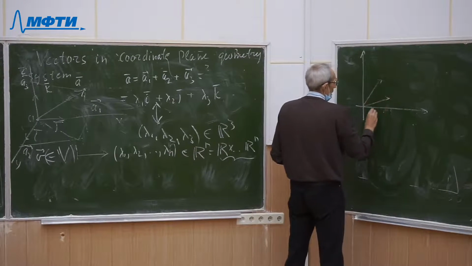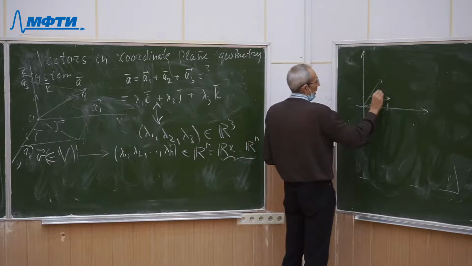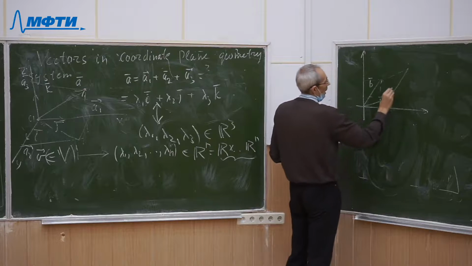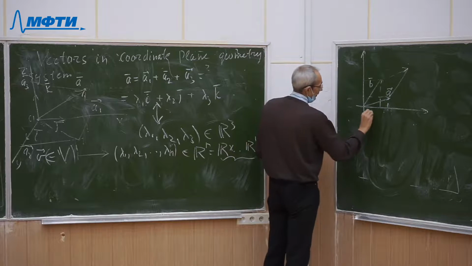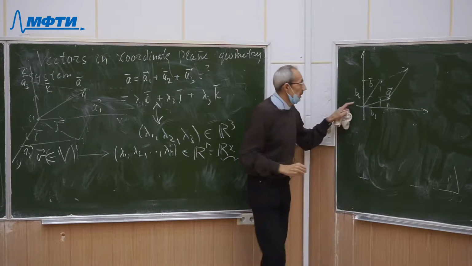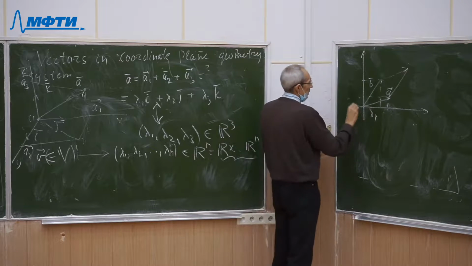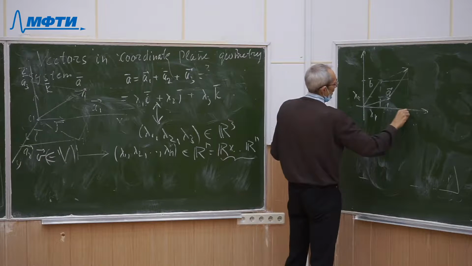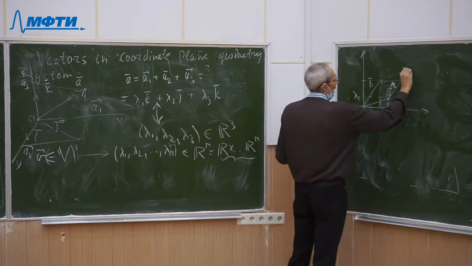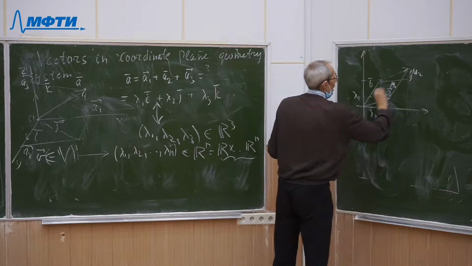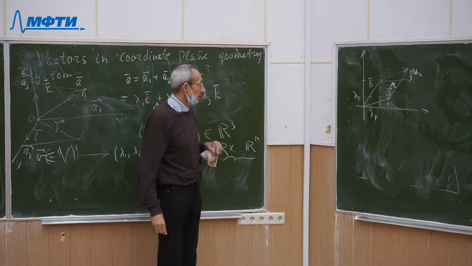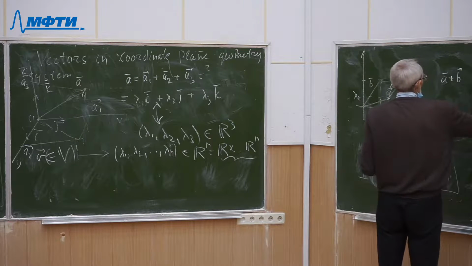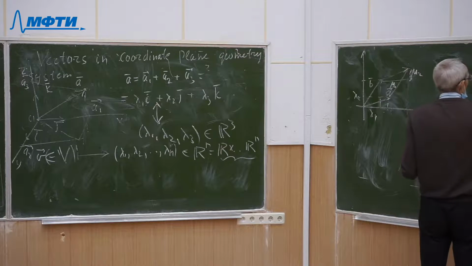We have two vectors, vector A, vector B. Let lambda 1, lambda 2 be the coordinates of vector B, and mu 1, mu 2 the coordinates of vector A. And it is easy to see that the coordinates of vector A plus B are lambda 1 plus mu 1, lambda 2 plus mu 2.